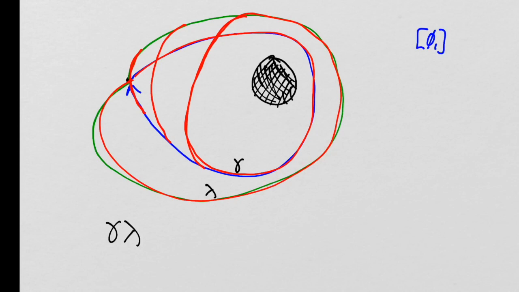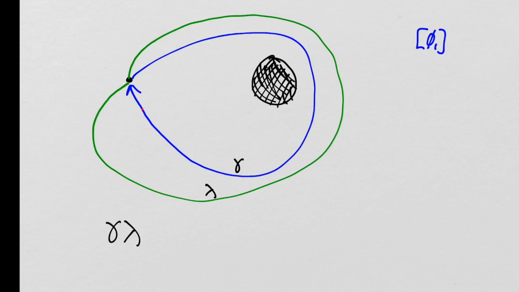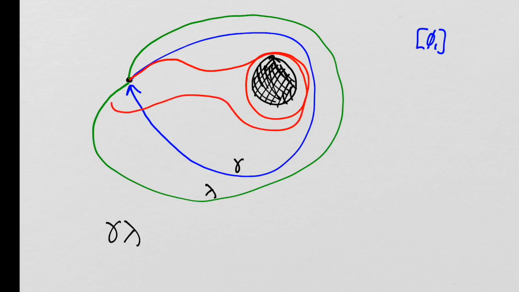And now I can keep this up, and you'll see that ultimately I can deform this whole thing into a curve that essentially looks like something like this. It leaves, goes around once, around twice, and comes back.